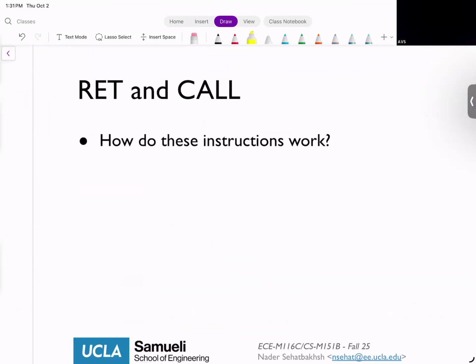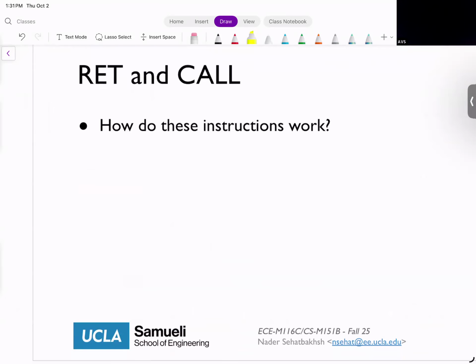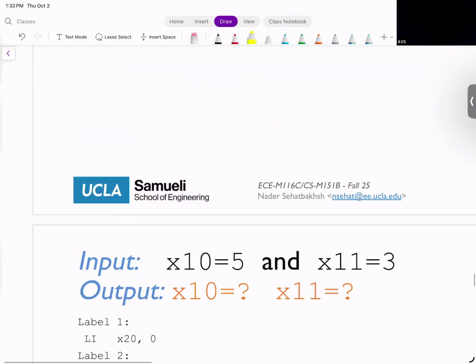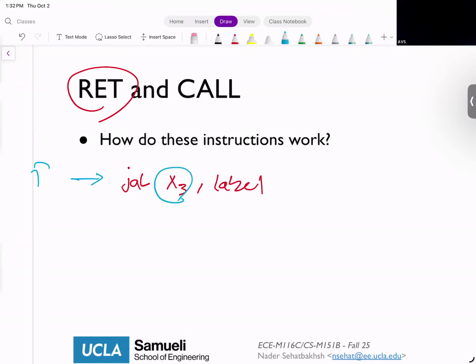I want to particularly talk about return and call because these are important instructions. So return and call is just jump, JAL, and JALR instructions. Okay, so ultimately they will translate it into JAL and JALR instructions. But the way that works is for return, we need to remember, like for example, we can have something like this. So essentially, when we're doing this, we are remembering that this is like current PC.